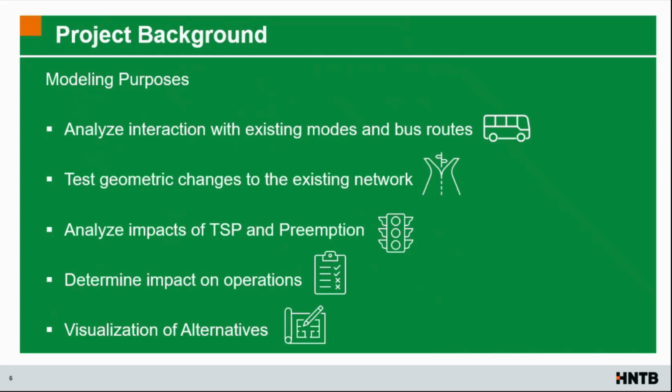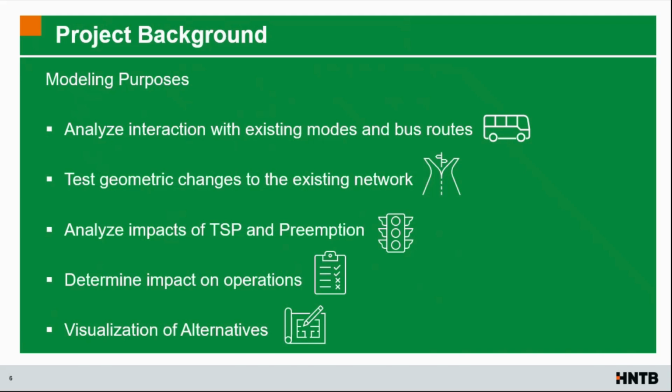So I've already kind of talked about a lot of this. We want to model the interaction between our existing modes, bus routes, and the light rail. We want to test some different geometric alternatives in different locations. We want to analyze the impacts of TSP and preemption, both to the general traffic traveling public, but also what are the benefits to the light rail vehicle, and maybe even to buses along the corridor.